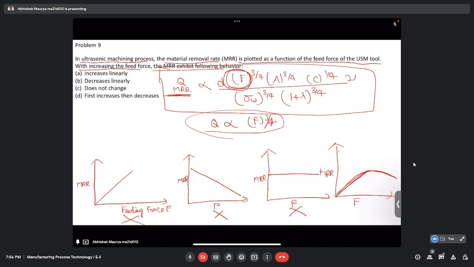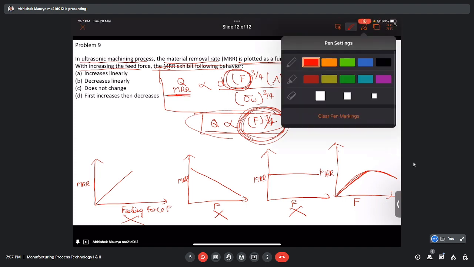Just mathematically see this relationship: MRR should increase by increasing the feed force with some function which has power 3 by 4. So there should be some non-linear curve.